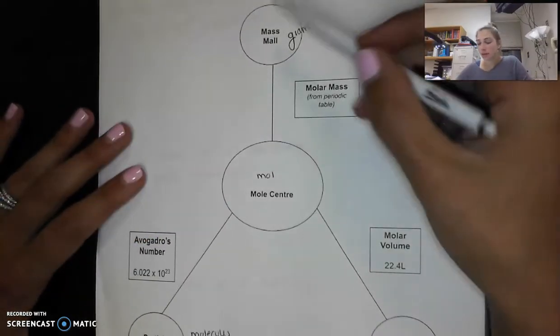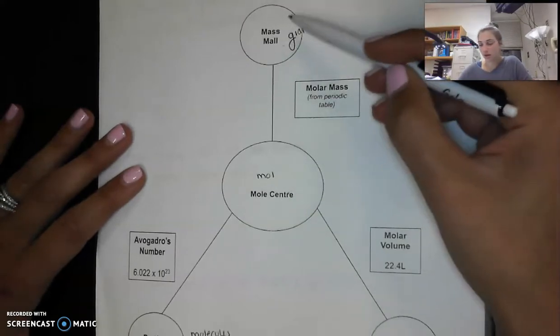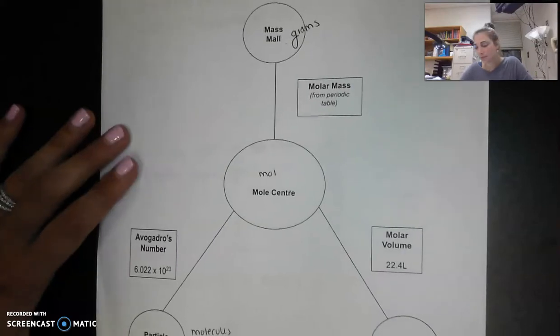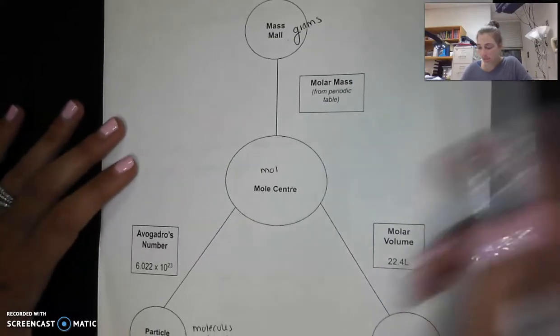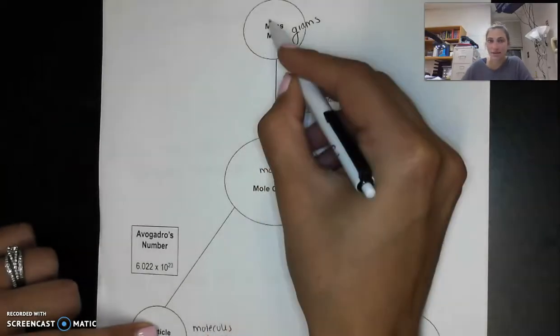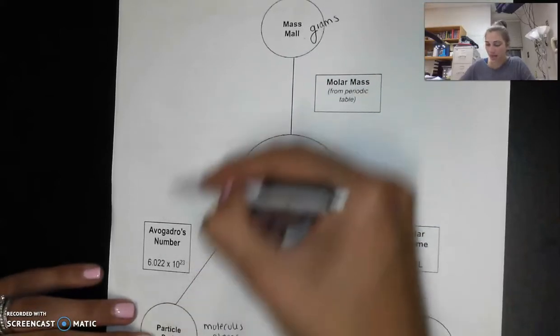So far we have learned how to go from outside in and inside out, right? Just one-step problems. Today we're going to do multi-step problems. And when we do multi-step problems, we have to make sure that we're only following the lines that are given. So if we had to go from mass to particle, we can't make our own line here, right? Remember, we call this mole town.